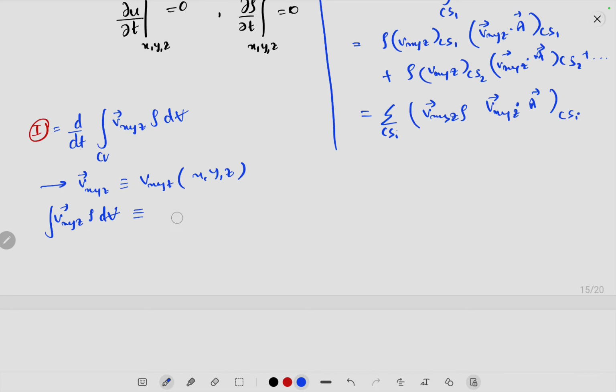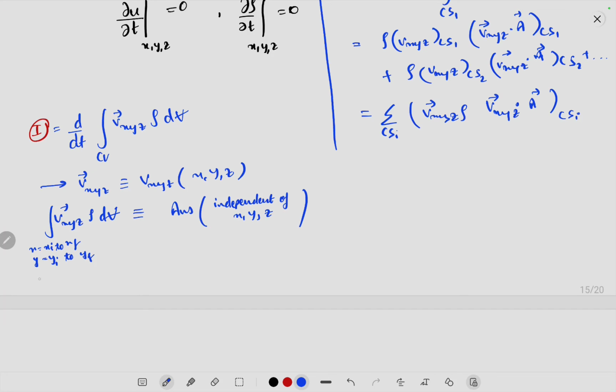can I say that the answer I will get after integrating this thing will not be a function of x, y, z? Okay, and the integrals are from, let's say, x equal to xi to xf, y is equal to yi to yf.